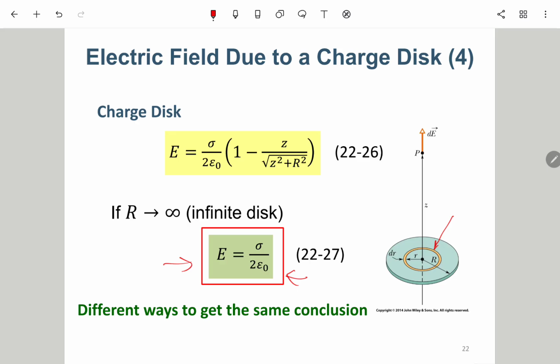Then we integrated over rings with different radii to calculate the E field generated by the disk, and then assumed the radius of the disk is infinitely large. So finally we came up with this expression. The computation is quite complicated.